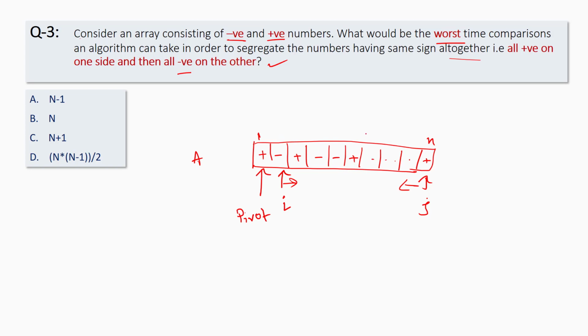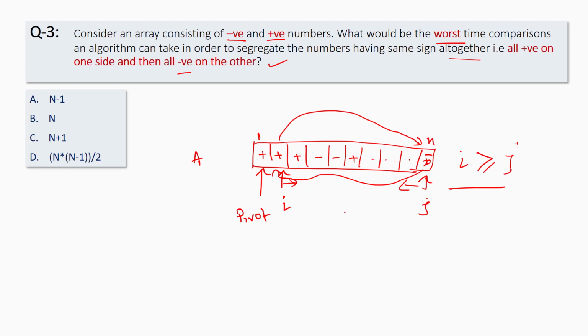So i and j will stop, and they will interchange the values. After that i is again incremented by 1 and j again decremented by 1. How much will they increment and decrement? The end condition is when i is greater than or equal to j, in that condition we will stop.